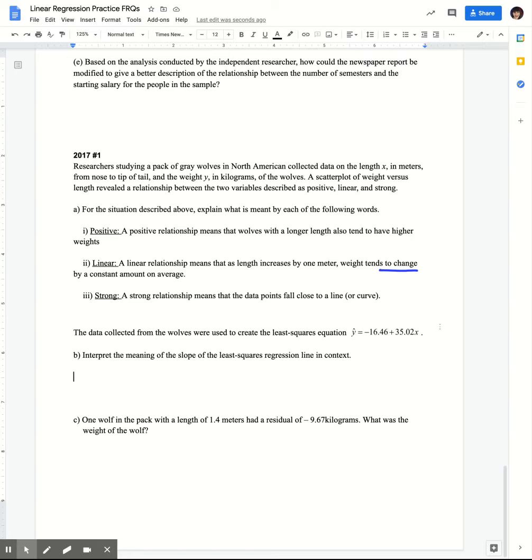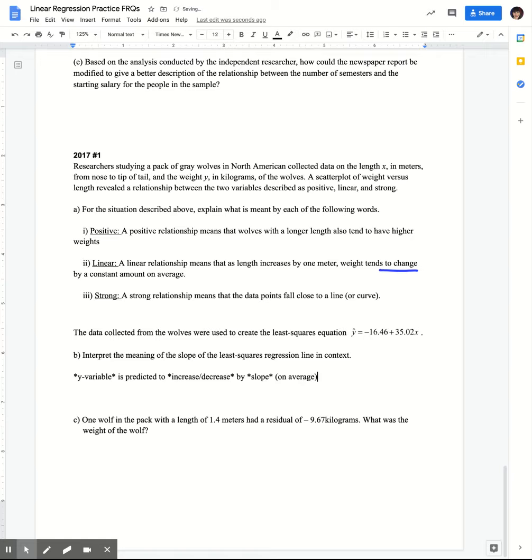All right, so let's take a look at part B. Once we get to part B, they give us an equation for the least squares regression line. So they want us to interpret the meaning of the slope in context. So remember, your script is, you say the y variable, whatever it is, is predicted to either increase or decrease by, and then you put what the slope is, and then you can put the phrase on average in here.